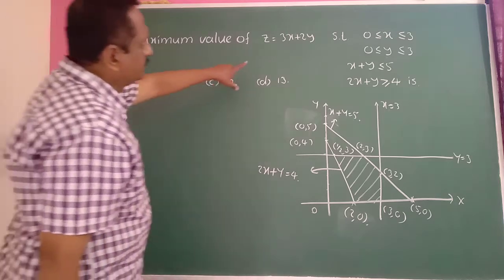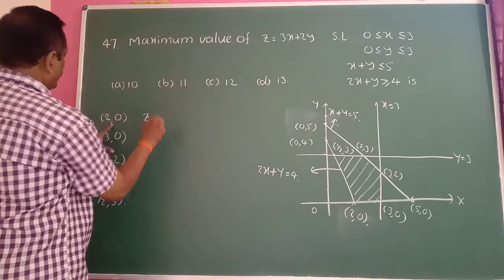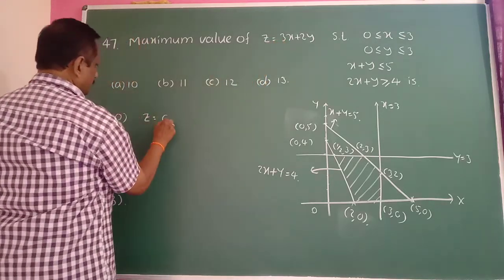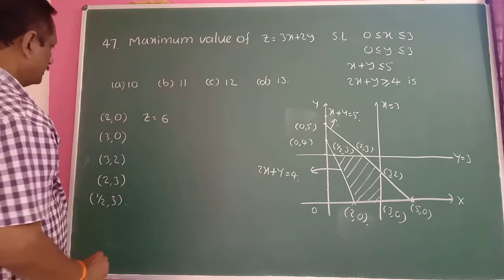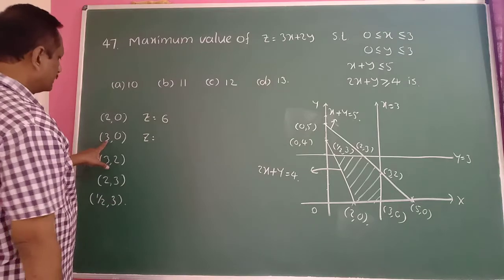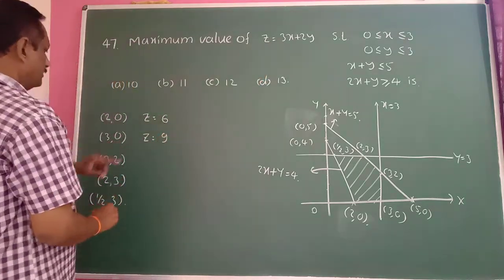So using this objective function z, put x value as 2: 3 twos are 6 and y is 0, so z equal to 6. And here put x equal to 3: 3 into 3 becomes 9 and y is 0.